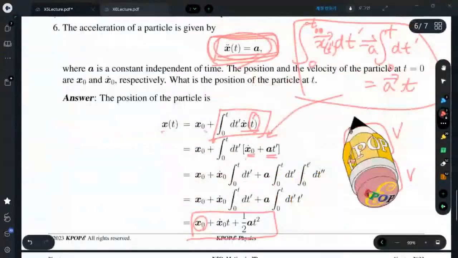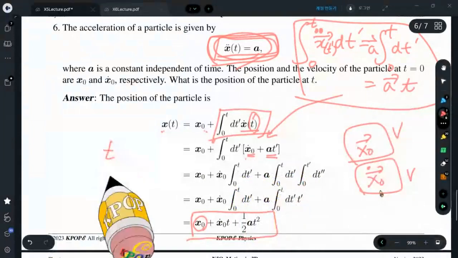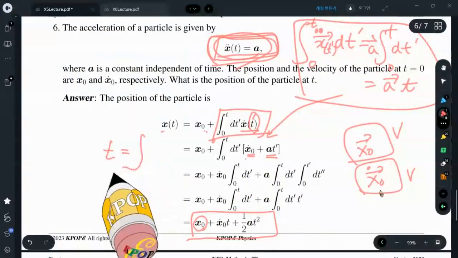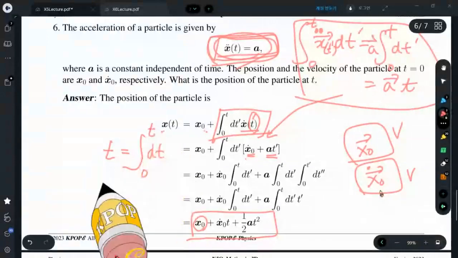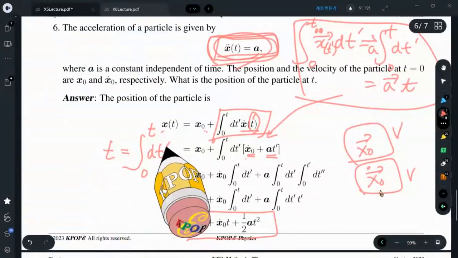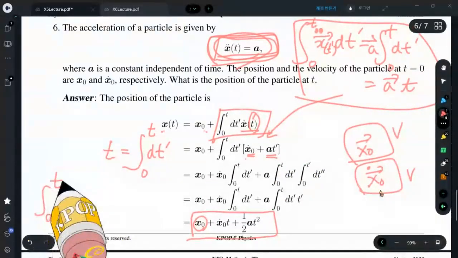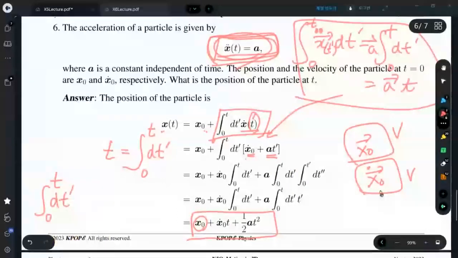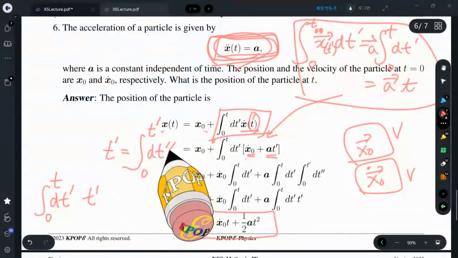Here, you have found that t is actually expressed as an integral from 0 to t, with a prime attached. Therefore, we have 0 to t, dt prime, and t prime substituted here, so prime, prime, double prime.